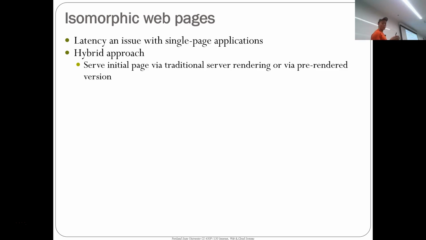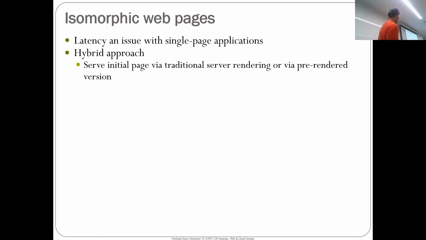Isomorphic web pages are a way of rendering an identical page on both the client and the server, and then allowing the server to issue those pages in substitution for the client. So maybe if a search engine is looking for what a client page would look like, the server can just say, here's the HTML, index that. But if I have a client that wants the single page application version, it'll download the whole package, but it'll look the same. The rendering on the client and the server will look the same. So that's what the isomorphic part is.